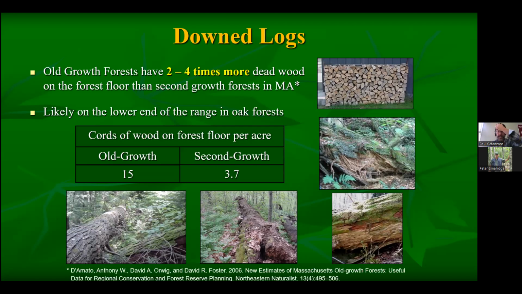And for those of you that have stacked wood, and I'm guessing most of you on this webinar have, a cord of wood is a lot of wood. Having 15 cords of wood per acre is a lot of dead wood. And it's yet another signal about how these forests have been subjected to disturbance over and over through the centuries.